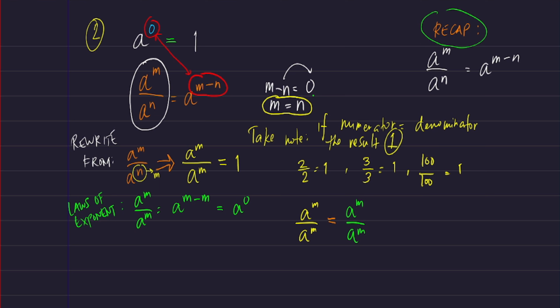And sa sagot natin kanina sa dilaw, itong dilaw na part, this is equal sa 1. And this here, itong green part, this is equal sa A raised to 0. Since wala naman tayong violate na laws of mathematics dito, and wala naman tayong nakikitang ibang mali, so this here is true.